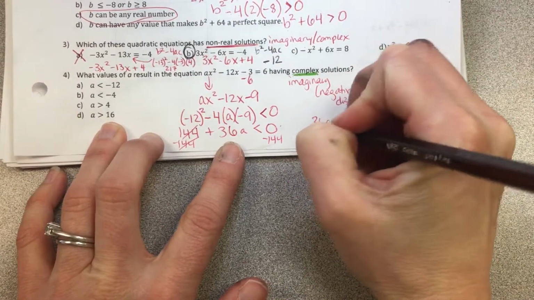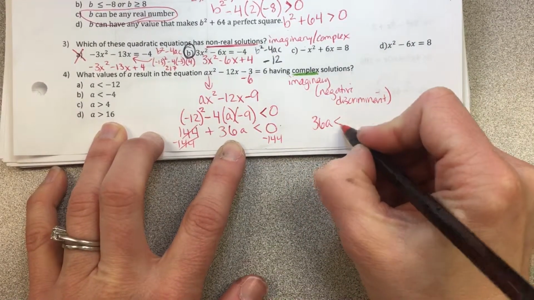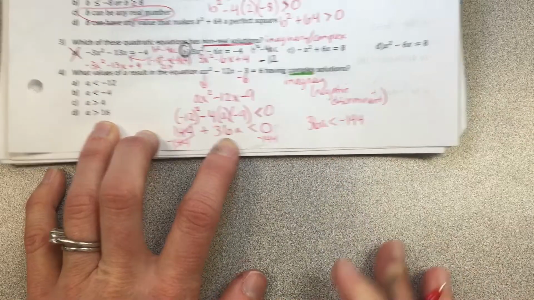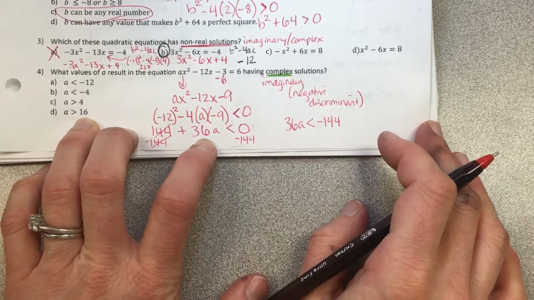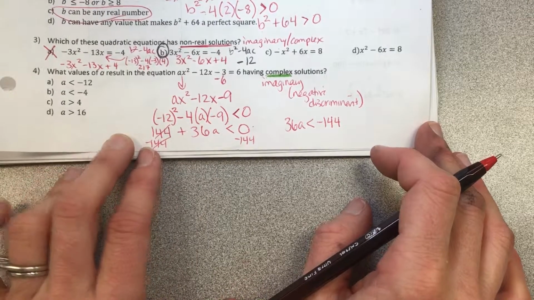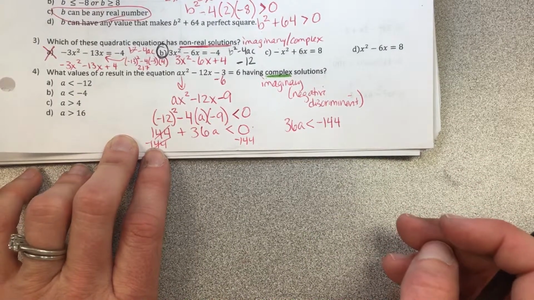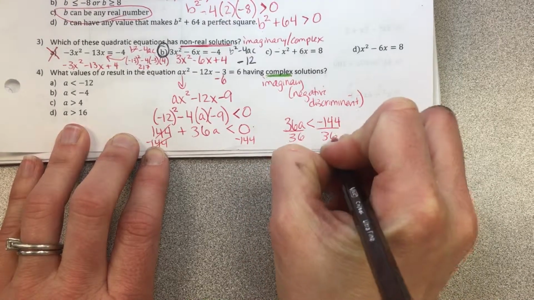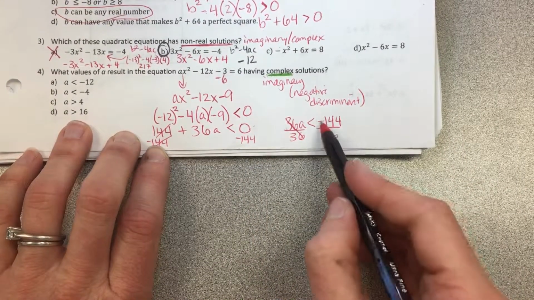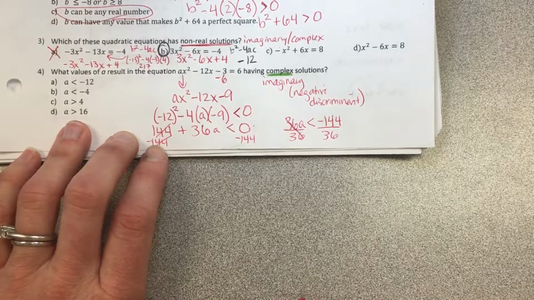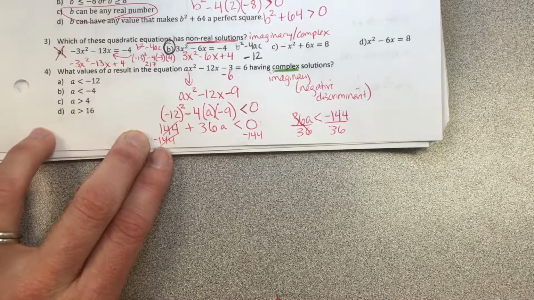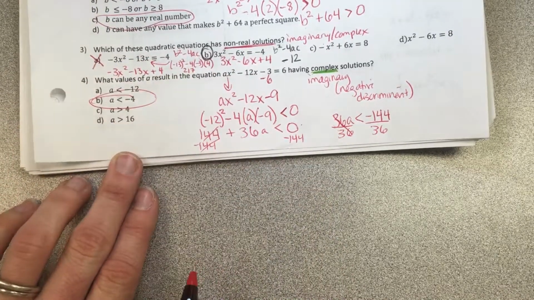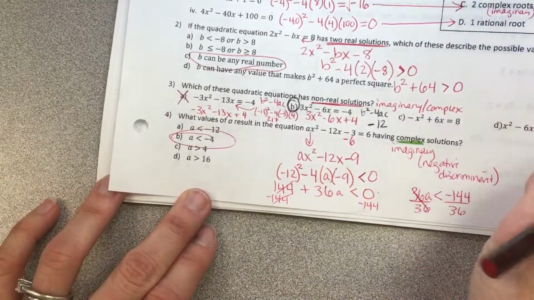I'm left with 36a is less than 0 minus 144, which is negative 144. What are you going to do last? Divide by 36. Negative 144 divided by 36 is negative 4. So what is the answer? B. Okay. Answer is B.